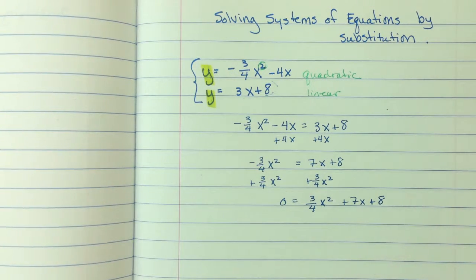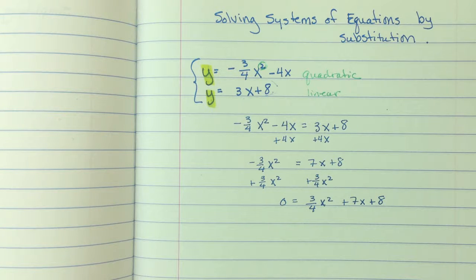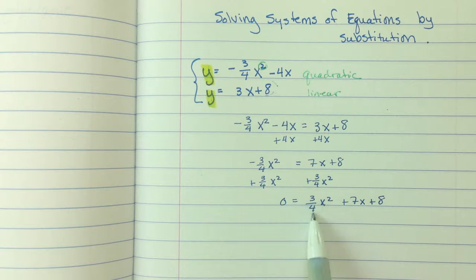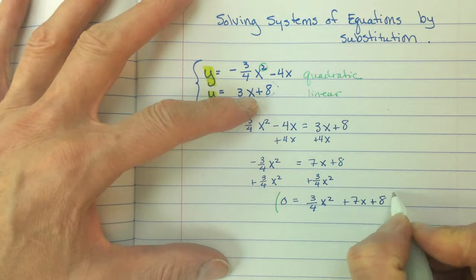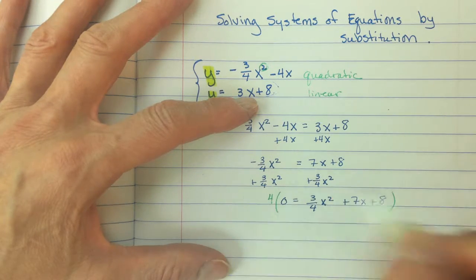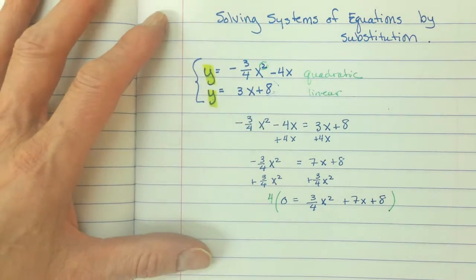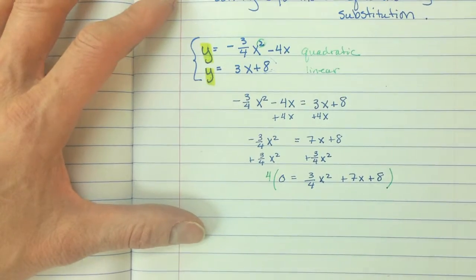Now you may be looking at that and thinking, I don't know how to factor that because I have this coefficient of 3/4 in the front. A little trick you can do is multiply everything by 4, because I want to get the 4 out of the denominator. As long as I'm doing it to both sides of the equation, I'm good.